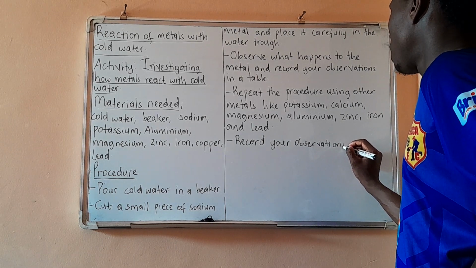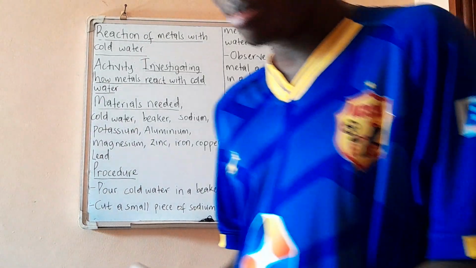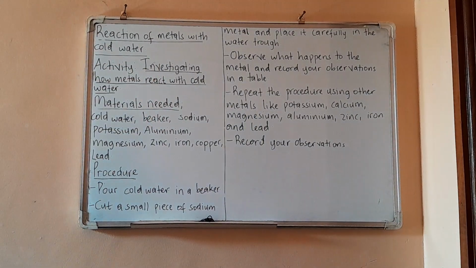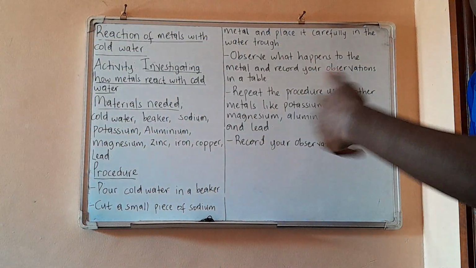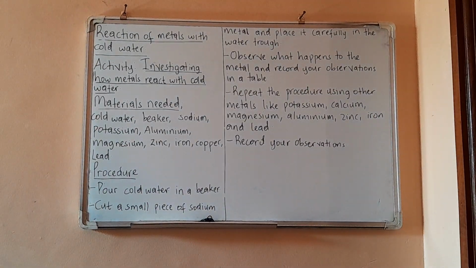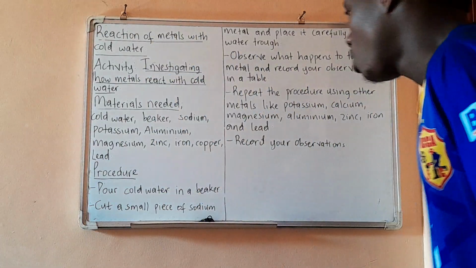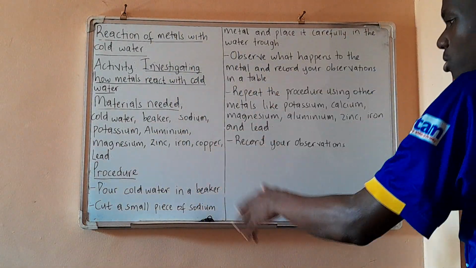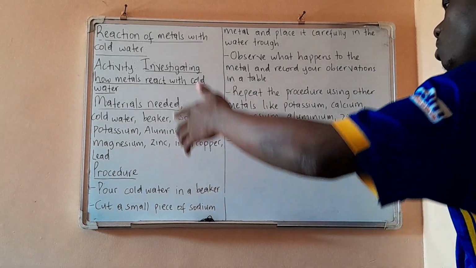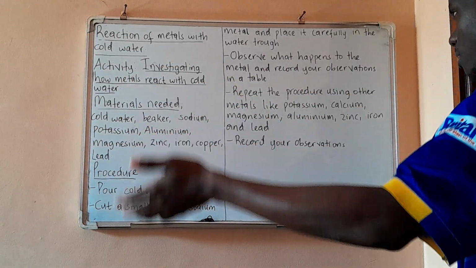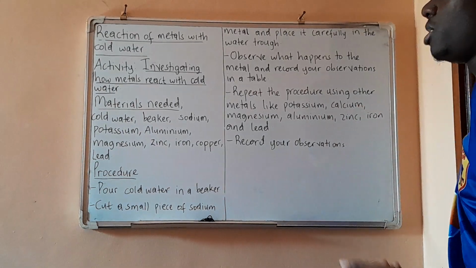I want to tell you that I've uploaded the practical on this. Yes, I've uploaded practical videos which demonstrate this process. So we are just going through it theoretically, but the videos show how this is done practically. So you pour cold water in a beaker, then you cut a small piece of sodium metal, drop it in the beaker carefully, and then you make observations.